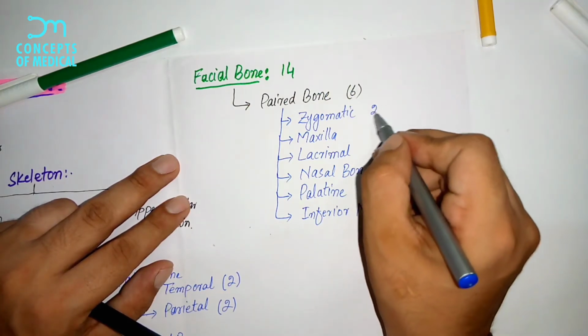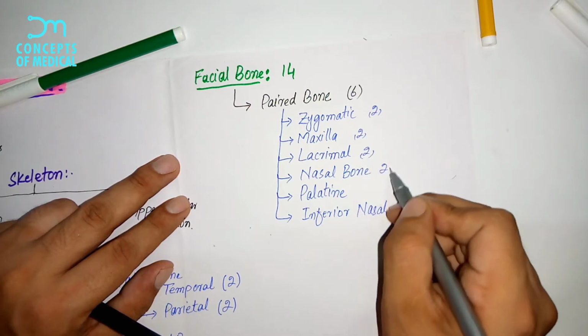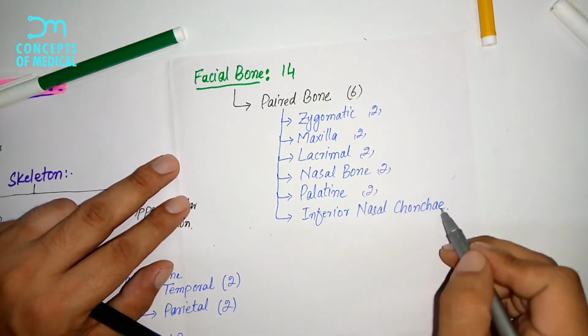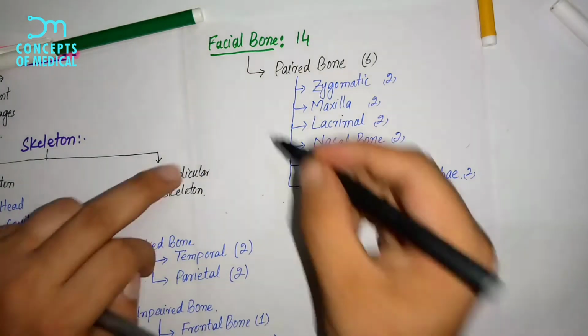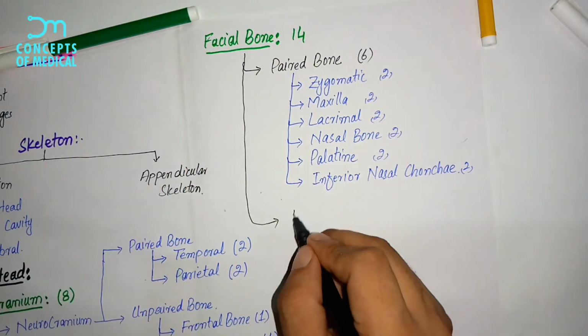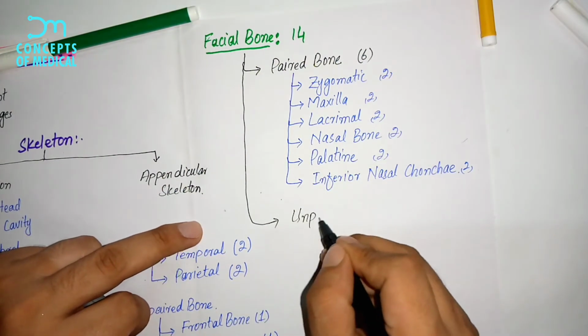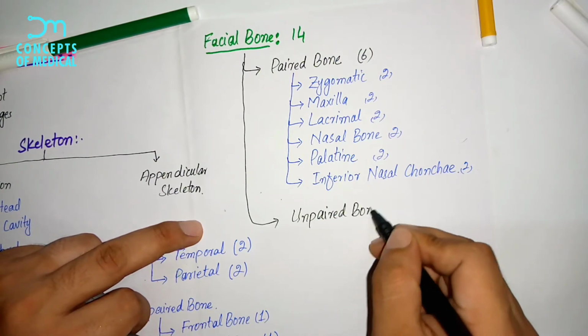So all these bones are actually 2 in number, right? Because these are paired bones of our face, right? So these are actually 2 in number. So the second, we divide them in unpaired bones. So what are the names of these unpaired bones actually, right?